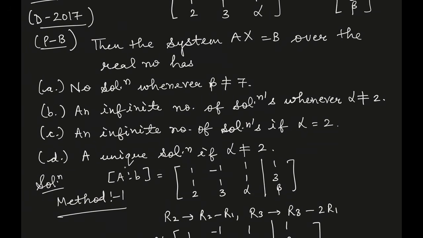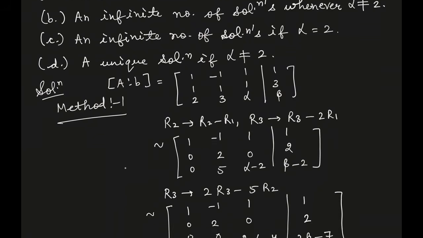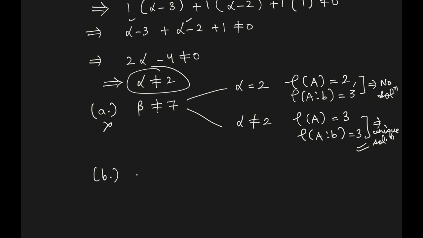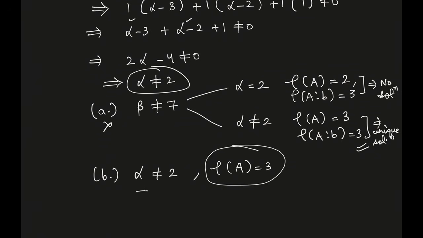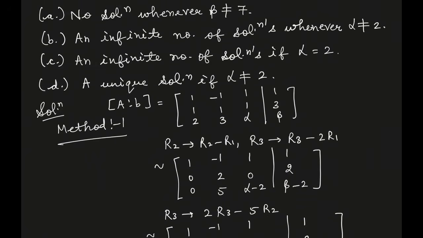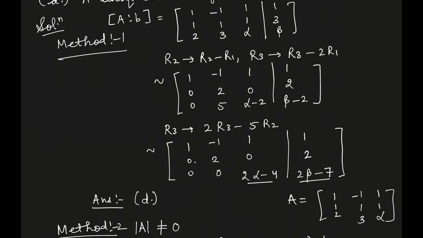Option B, an infinite number of solutions whenever alpha is not equal to 2. If alpha is not equal to 2, then we have already seen that rank will be 3. Whenever rank is full, then a unique solution exists, and the option was saying infinite number of solutions. So option B is also discarded. Option C, an infinite number of solutions if alpha is equal to 2.